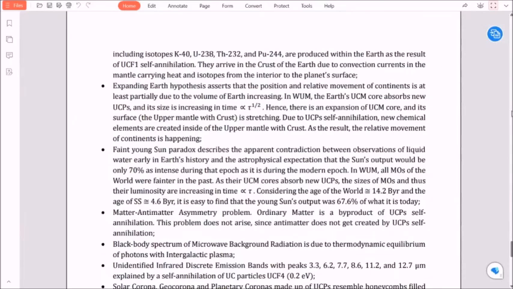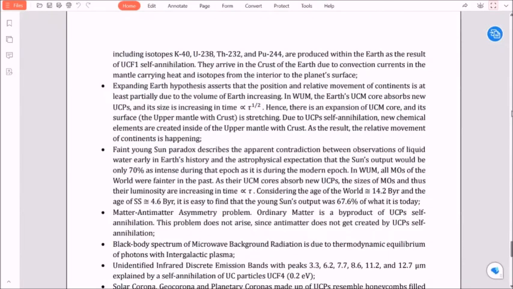As their UC matter cores absorb new UC particles, the sizes of macro objects and thus their luminosity are increasing in time proportionally to tau. Considering the age of the world, 42 billion, and the age of the solar system, 44.6 billion years, it is easy to find that the young sun's output was 67.6% of what it is today.